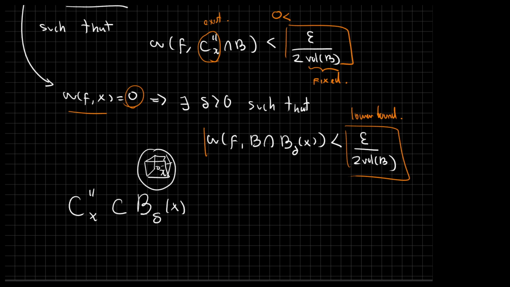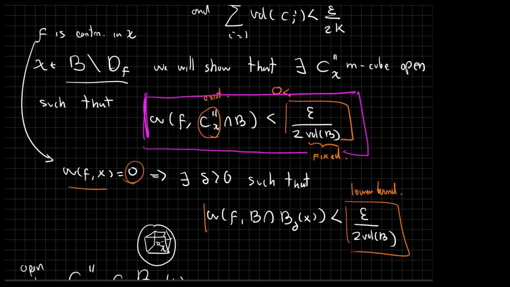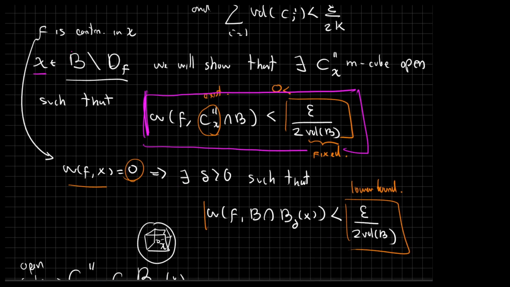So this so-defined open cube holds what we wish to prove here. It went just by definition of infimum. So now for every point in which f is continuous, there exists a cube such that this holds.